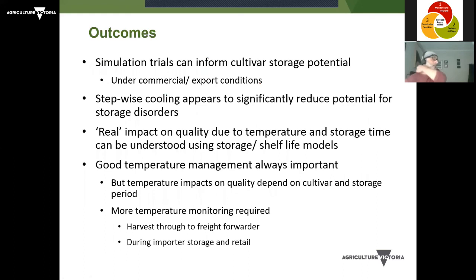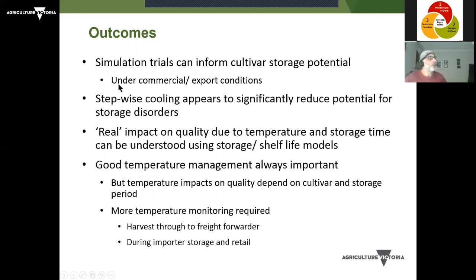So to finish off, outcomes. From the supply chain project, we've demonstrated firstly that these air and sea freight export simulation trials can inform cultivar storage potential. I mean, these trials can be used to give us a really good handle on export cultivars and the storage potential and even, as you've seen through the models, shelf life potential.